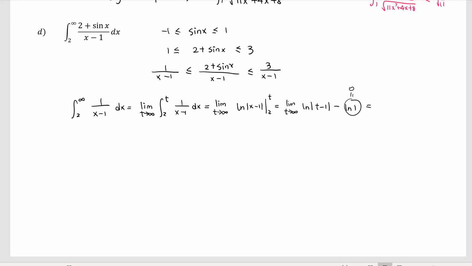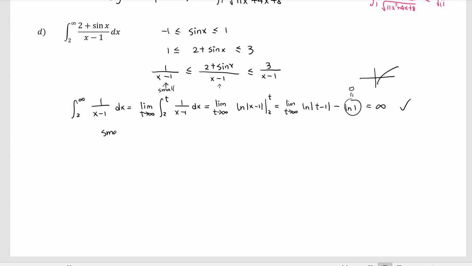But when t goes to infinity, ln of t goes to infinity. Remember, the ln function looks like that. This is the small guy. If the small guy is infinite, what can you say about the big guy? It's infinite, right? So this works.